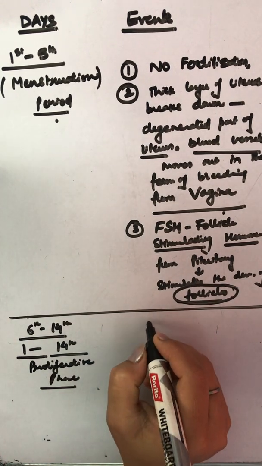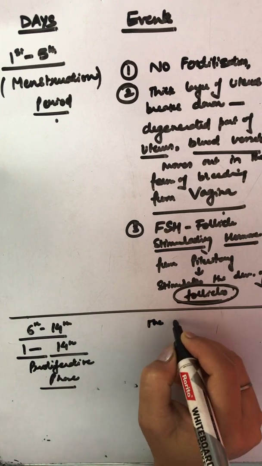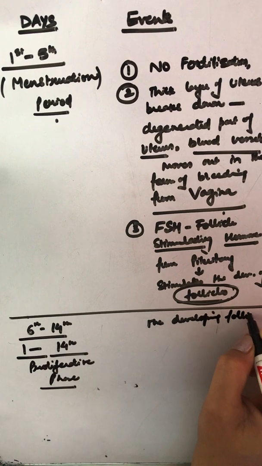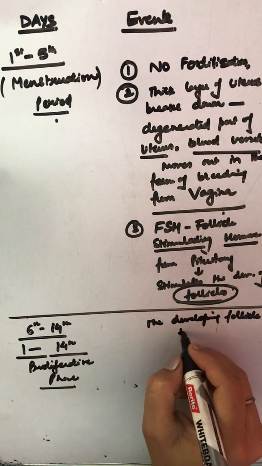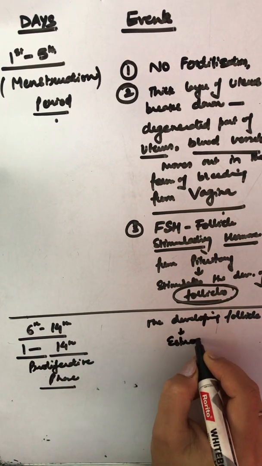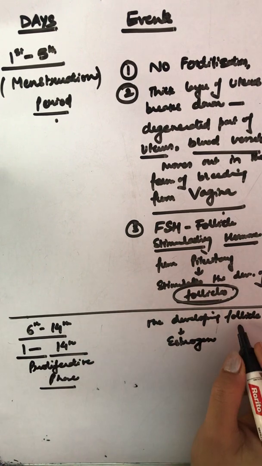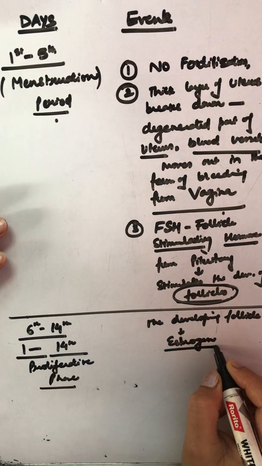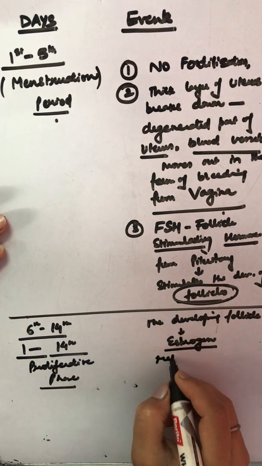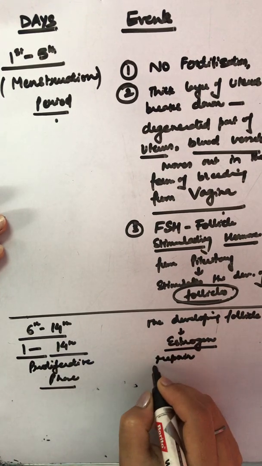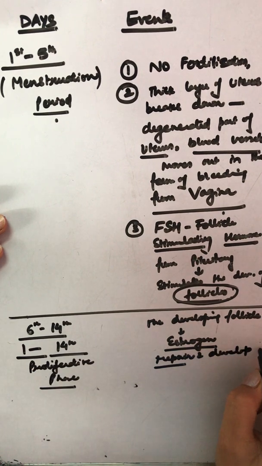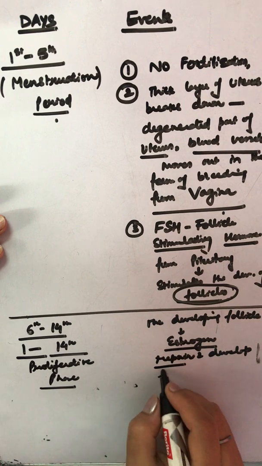Here, the developing follicle releases the hormone estrogen. Now this follicle has started developing, it will release the hormone estrogen. What will it do? It will repair. What is to be repaired now? Repair and develop the lining of uterus.